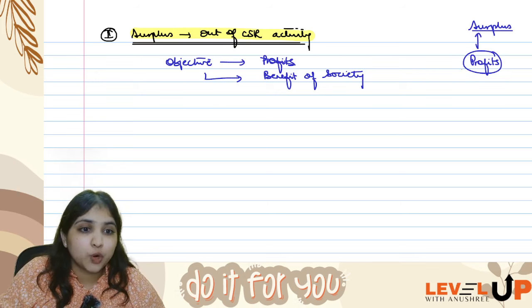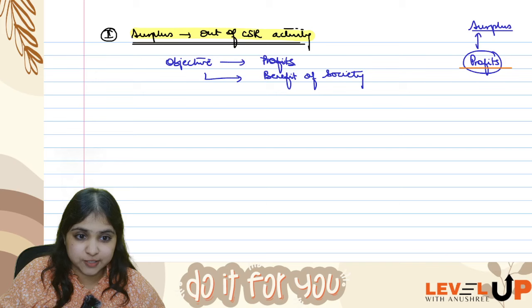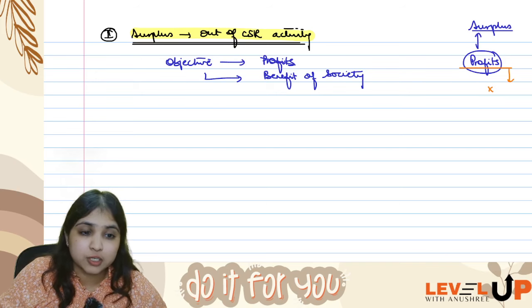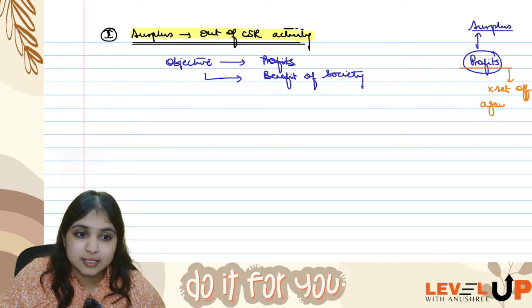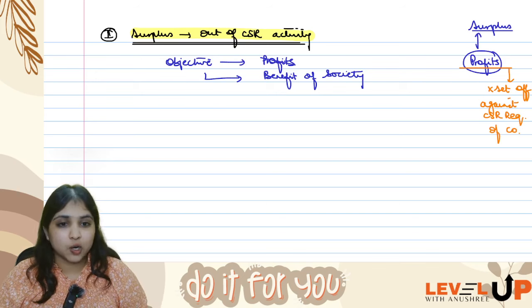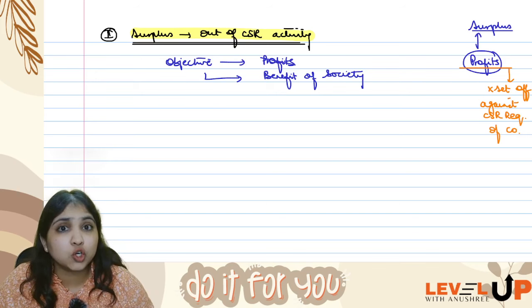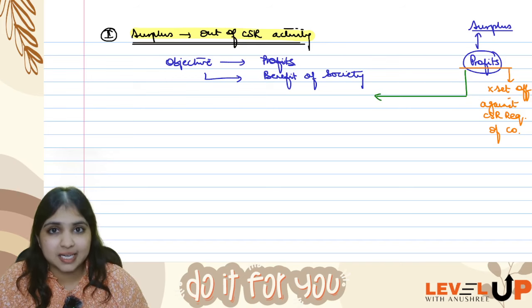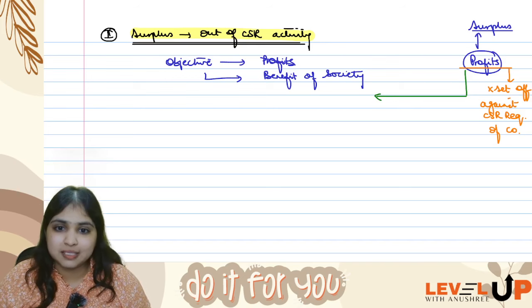Listen to me. Whatever profit the company has made out of CSR activity, this profit should not be set off against the CSR requirements of the company. Then what to do with the profit? Tell me, when the company is declaring dividend, can the company take this money?